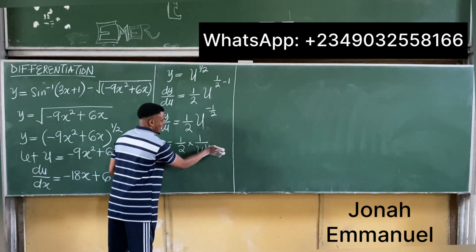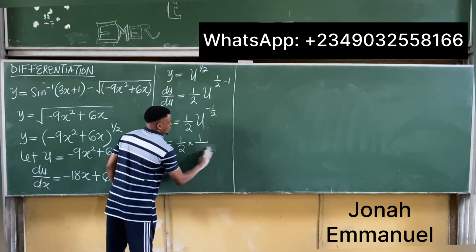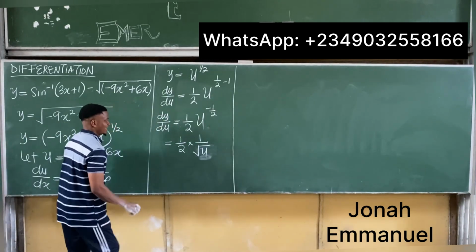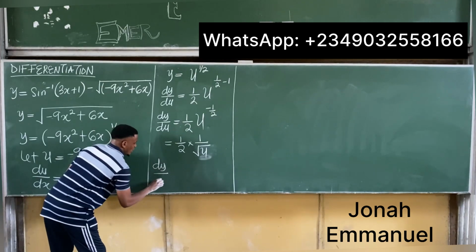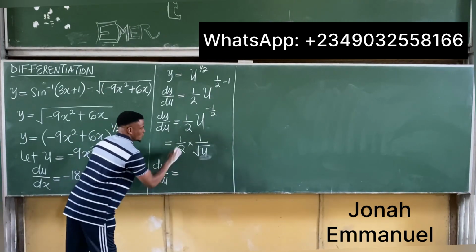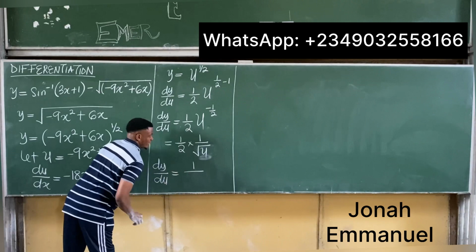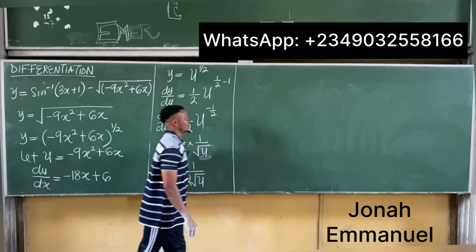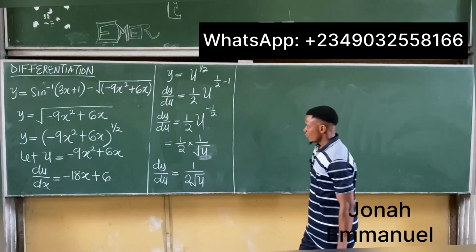So perhaps you can change this to square root of u if you want to. So root u, such that if I multiply by 2, I will have that dy over du is equal to 1 times 1, 1 all over 2 times root u, 2 root u. So I have this.